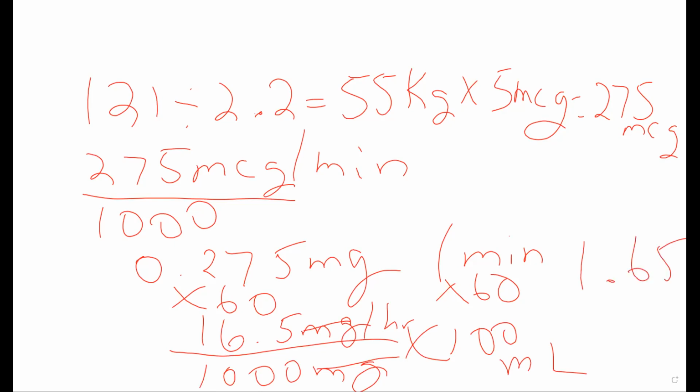Is that what you got? Yes, 1.65. I did, but are we rounding it or are we leaving it? So it says rounded to the nearest tenth. So that would be what? 1.7, right? Yes. Rock stars.